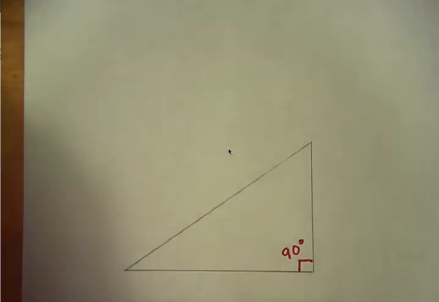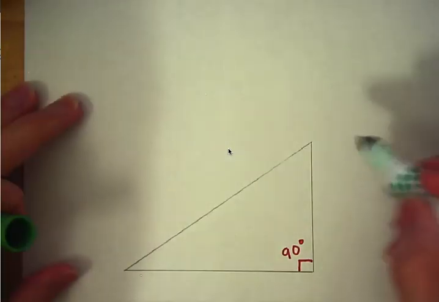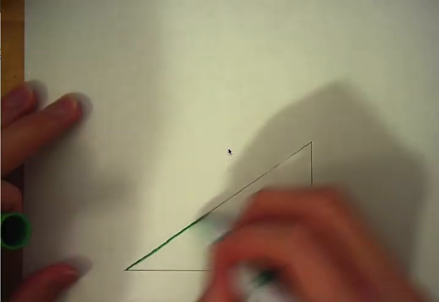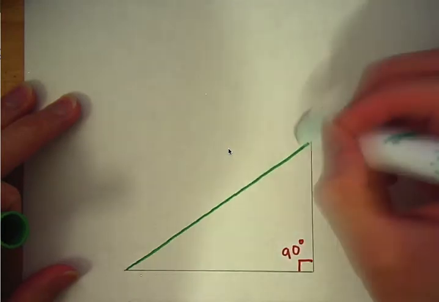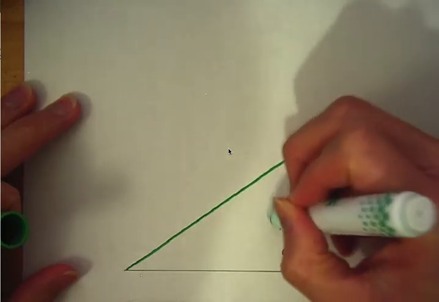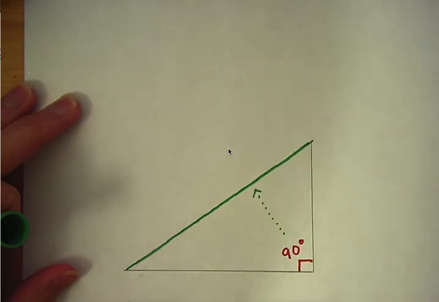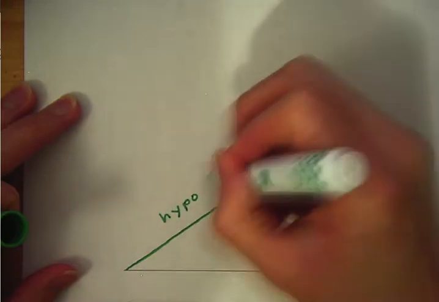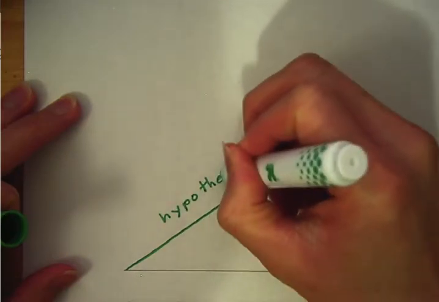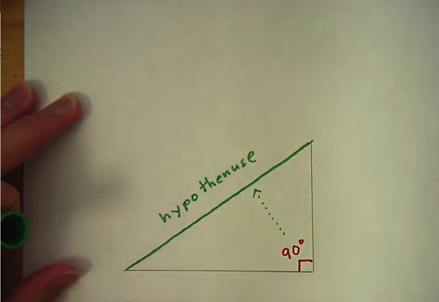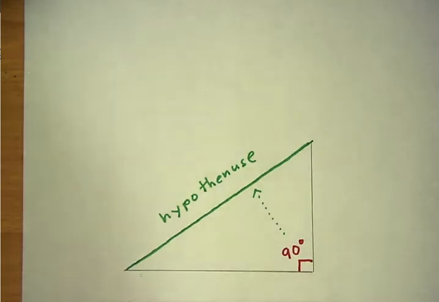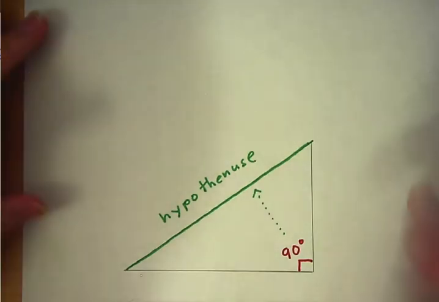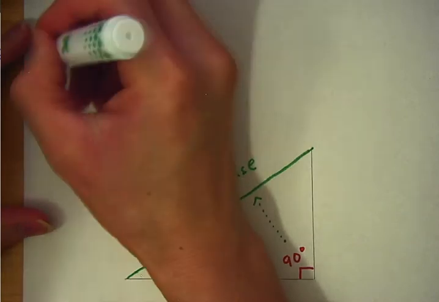In a right triangle, the side that is opposite of the 90 degrees is called your hypotenuse. All right, let's actually write the definition up here. Hypotenuse.